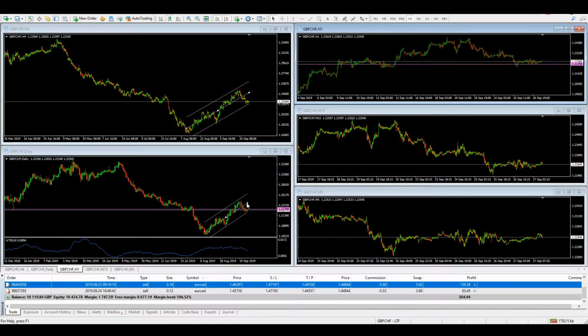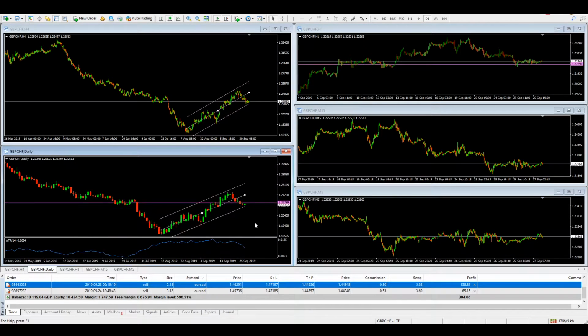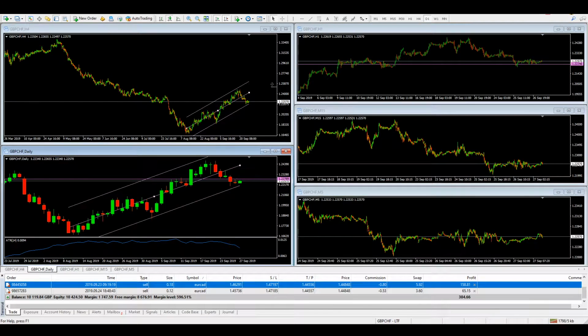But to be long on this, I'd want to see the price move past the highs of these previous days' candles. 4 hourly looks good, that's fine, but it's these lower time frames. I want to see more bullishness in here, so start to cycle up with higher highs and higher lows. But again, that could be decent for next week. Stop loss below these previous lows here, outside the standard deviation.